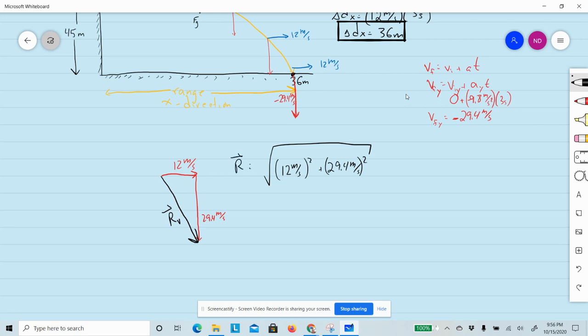Equals R. 12 squared plus 29.4 squared equals that. Take the square root of that mess. The resulting velocity is 31.8 meters per second at the angle.